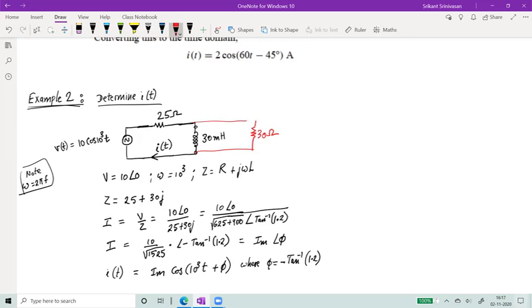So this is a different question. And what happens in this case? So now what we are saying is I can find a Thevenin equivalent, which is, if I keep the 30 millihenry section open, then looking back, I have 25 ohms and 30 ohms in parallel if I short the voltage source.